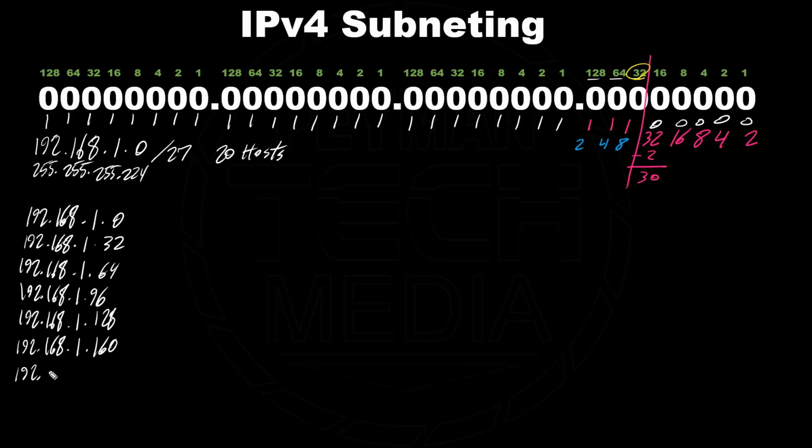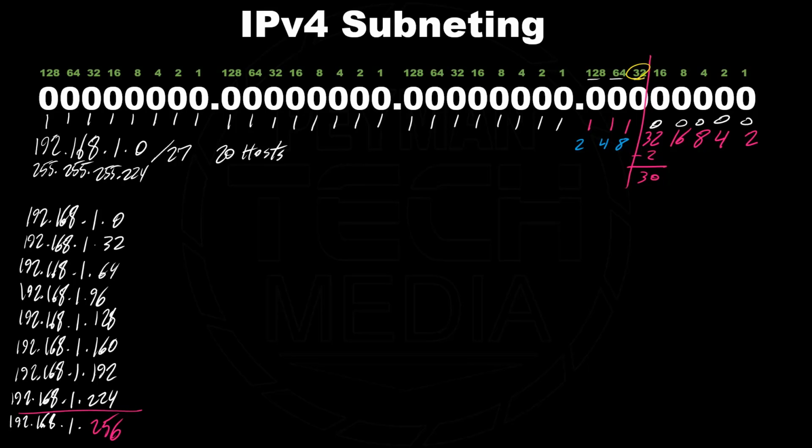So 192.168.1.192. 192 plus 32, it is 224. And 224 plus 32 is 256. So 192.168.1.256.